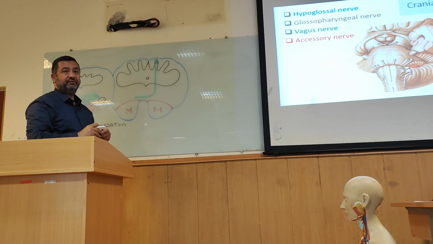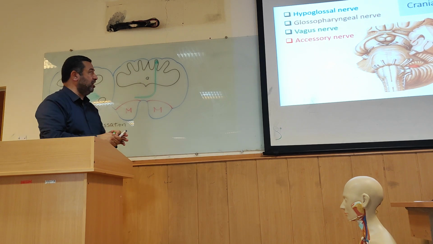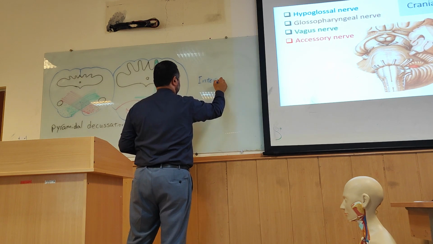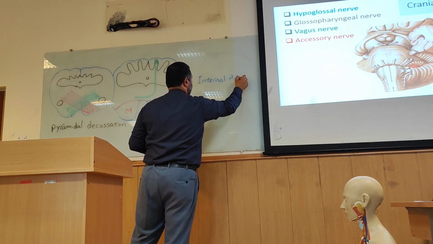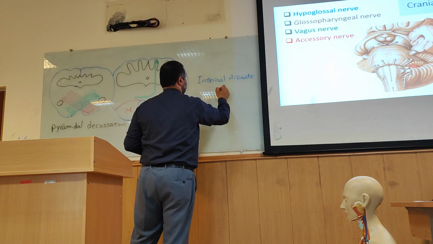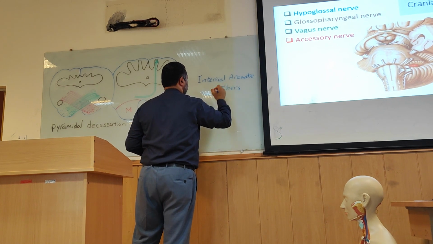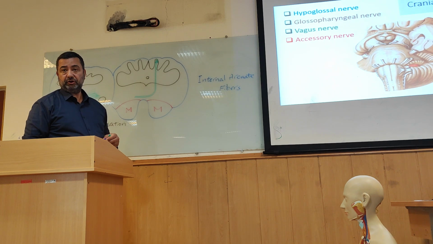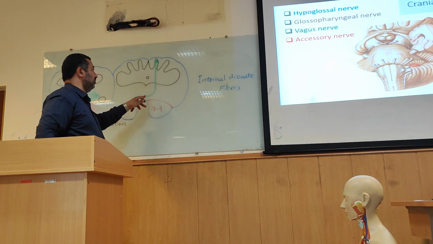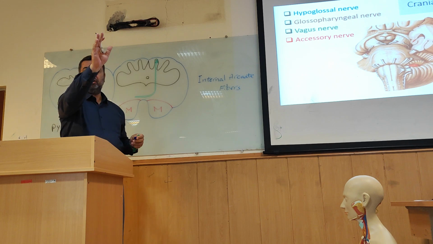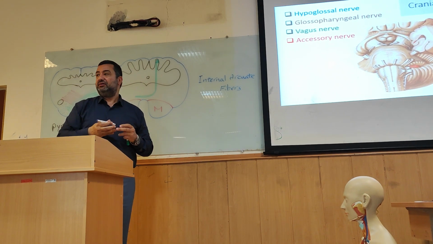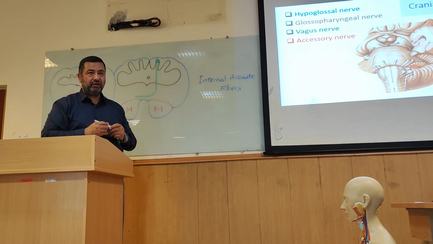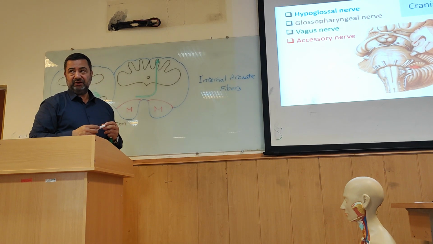These fibers make internal arcuate fibers. Okay? These are internal arcuate fibers, from gracilis nucleus to the opposite side of the medulla oblongata. Is it clear? Yes. Okay.